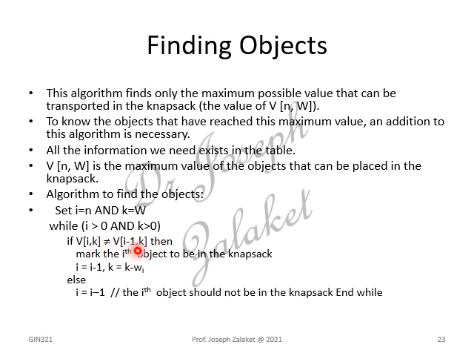If the element is different from the element of the upper row, mark this object to be included in the knapsack. After that, we will decrement i equal i minus 1, and we will subtract from k the weight of the object i. So k will be equal k minus w[i].